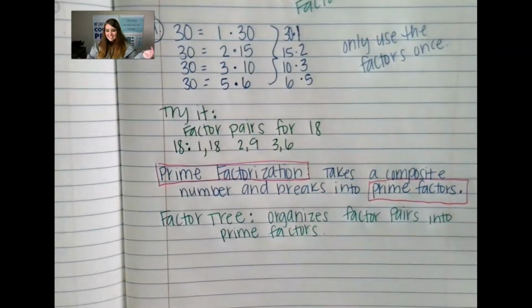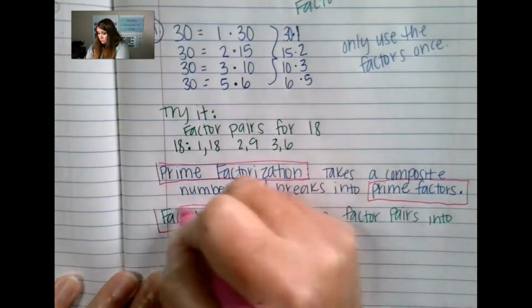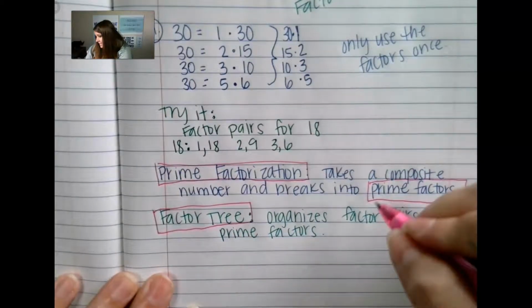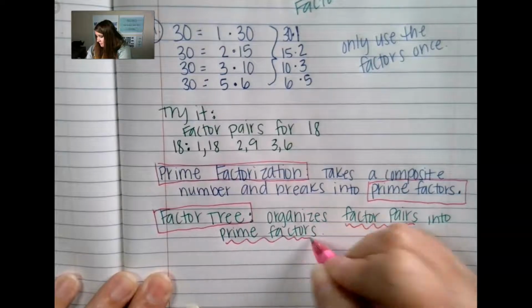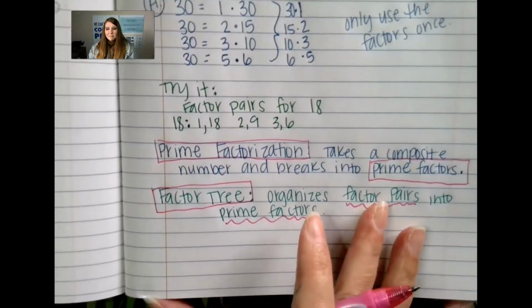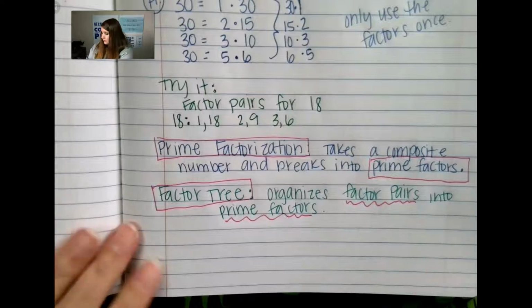What in the world is she saying? All these words about factors. Just trust me on this, okay? I'm going to show you what a factor tree is, but know that it has prime factors and factor pairs. Okay, so here we go. Let me do an example with you right now.